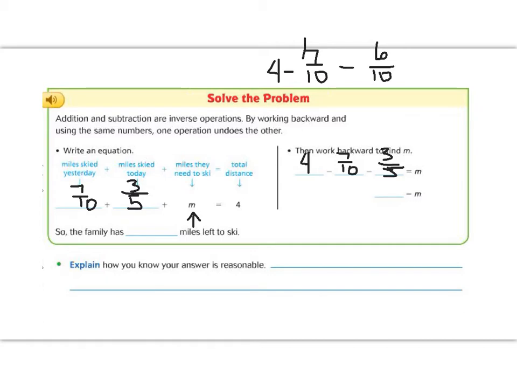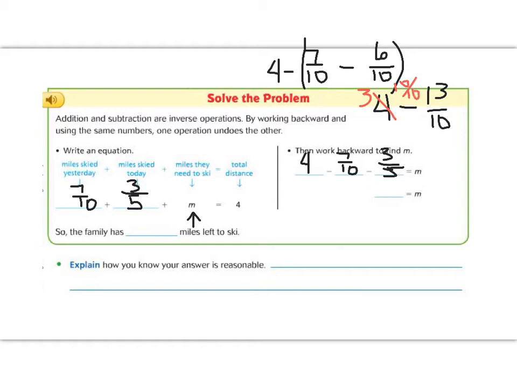And I want to add these two parts together before we subtract. So 7 plus 6 gives me 13/10. So I'm going to rewrite this as 4 minus 13/10. Now we can borrow and find out how we're going to subtract. So 4 minus 1 gives me 3 and 10/10.